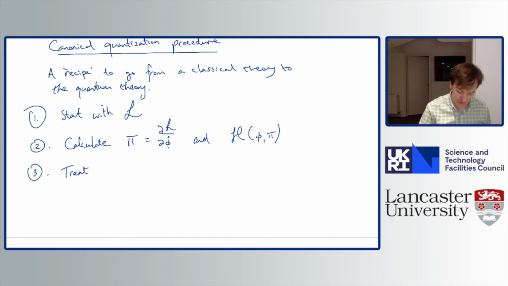So we want to treat the fields, these pi and phi fields, as operators. This is where it's starting to become more quantum mechanical. So we're now going to treat them as operators.